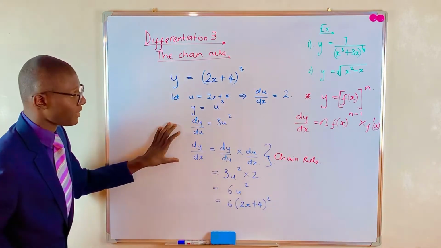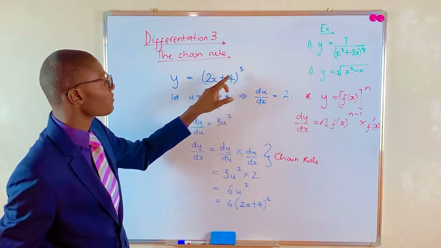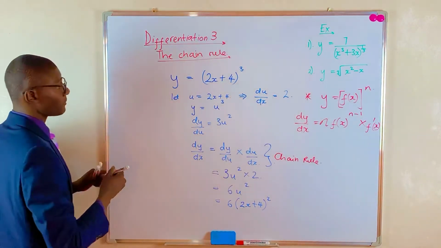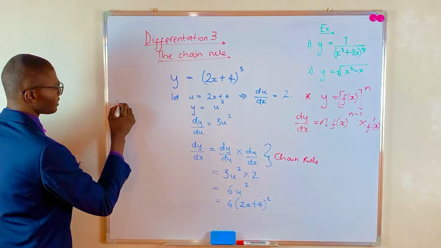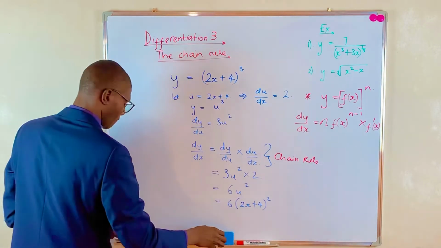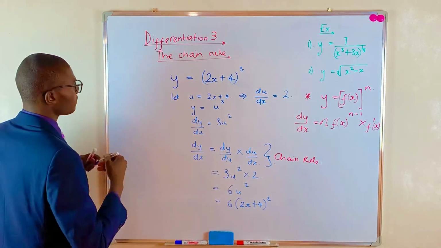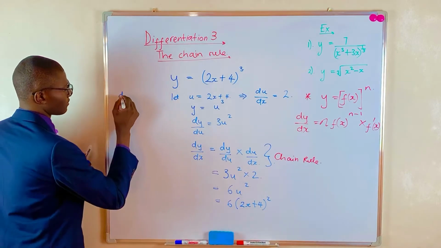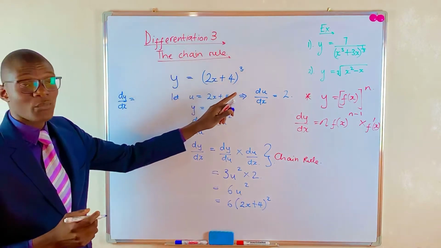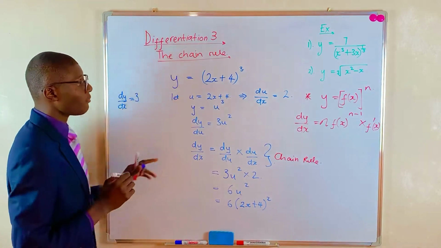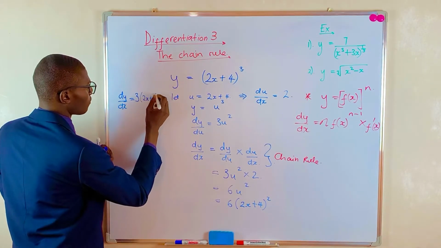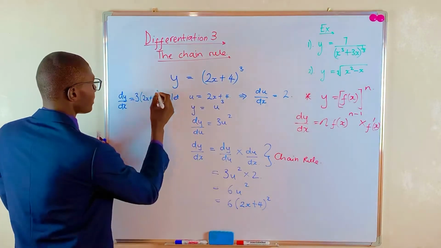And this is what has happened here. With this function, we've dropped the power 3. So to work it out in short, we're saying dy by dx is equal to, dropping the power 3, multiplying by our f of x, which is 2x plus 4, then subtracting 1 from the power to get a 2.